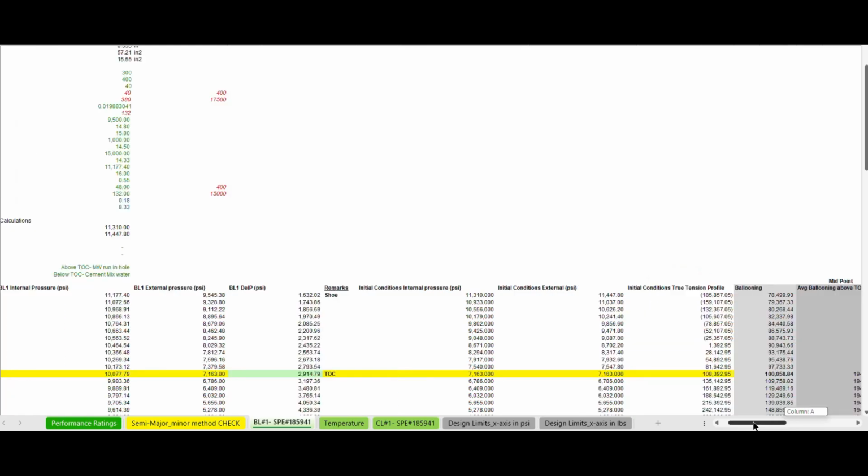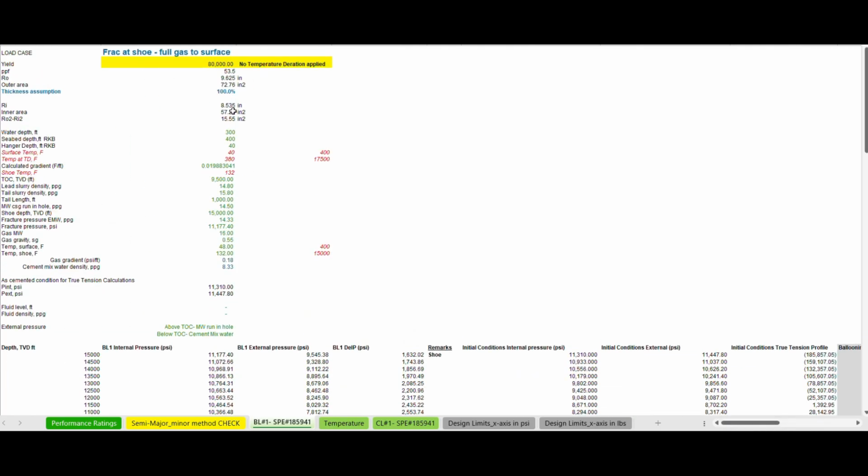So again, to recap, we have taken a frac HU minus full gas to surface load case from this SPE paper. We referenced that one, and we used the assumptions of this load case, including all the fracture gradient, slurry densities, mud weights, and the external pressure and temperature profiles.